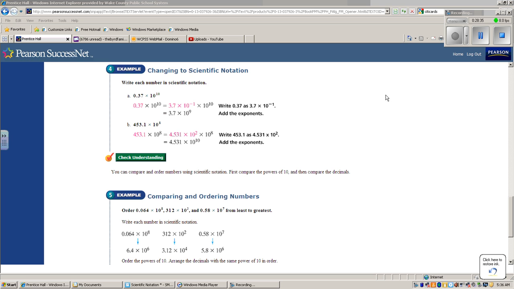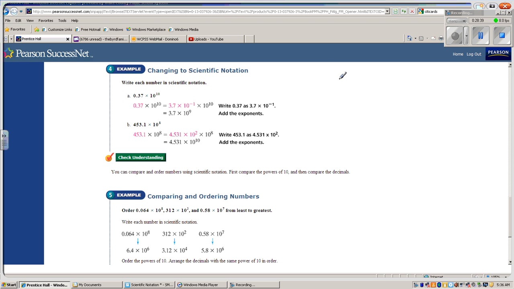Oops, no, I always do that. Let me write 4A back up here. All right, so again, our decimal is here. We're moving it 1 unit to the left. So in scientific notation, this would be written as 1.6 times 10 to the what power?